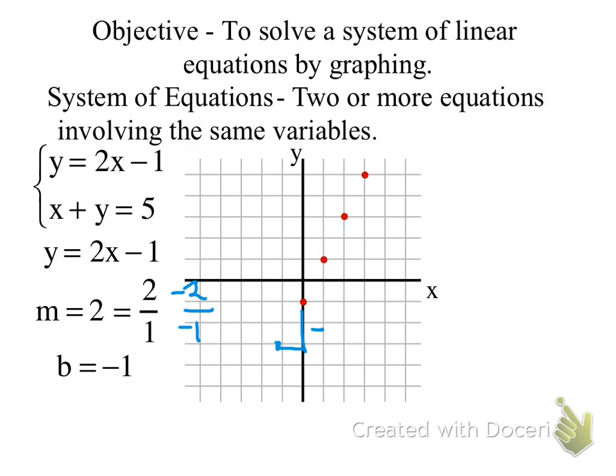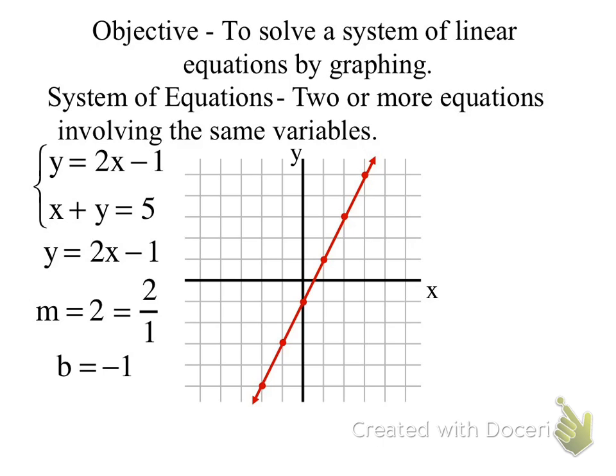This is the negative direction and this is the negative direction. Down 2, -1. And then I plot those points and I draw a line through it.